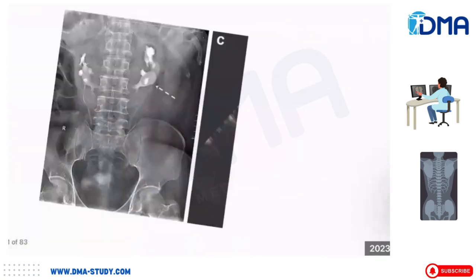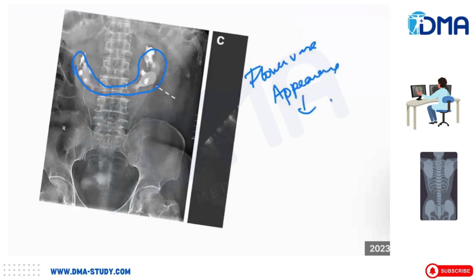Then, what is the diagnosis here? You notice it is like this, right? It is a flower vase appearance. Flower vase appearance is seen in what? Horseshoe kidneys.